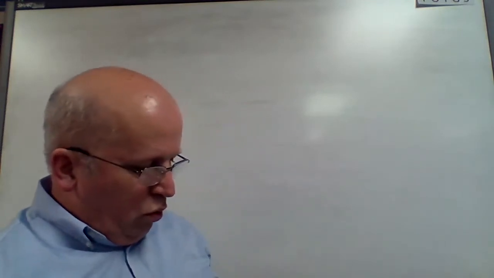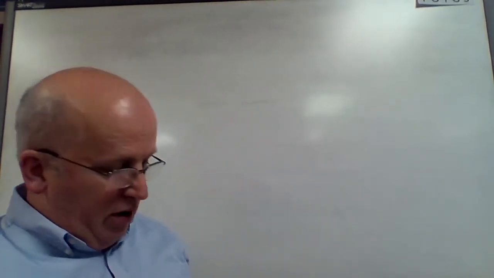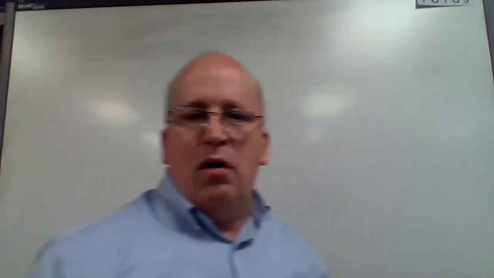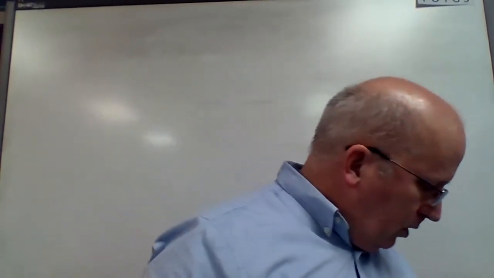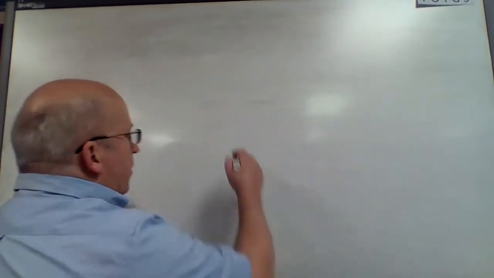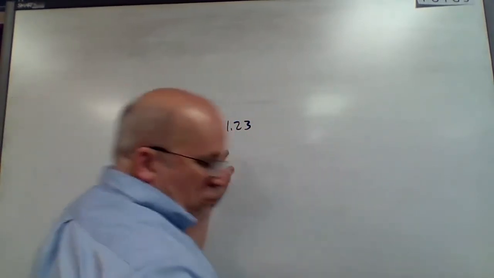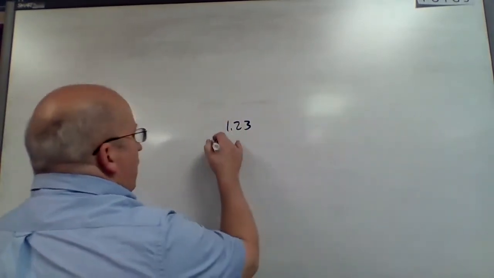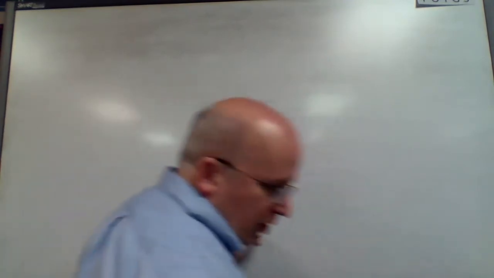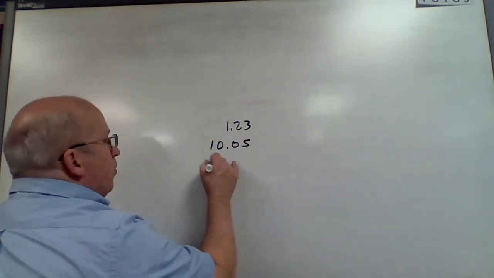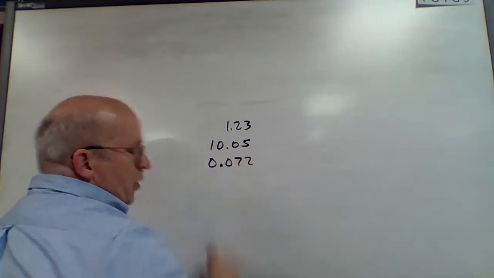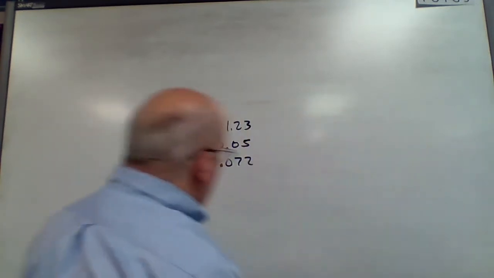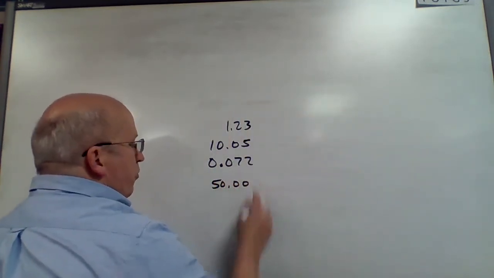There's some rules that they want you to be aware of there that talk about how we figure out how many significant digits a particular number has. I'm looking at that section where it has 1.23 and 10.05 and 0.072 and the number 50.00.